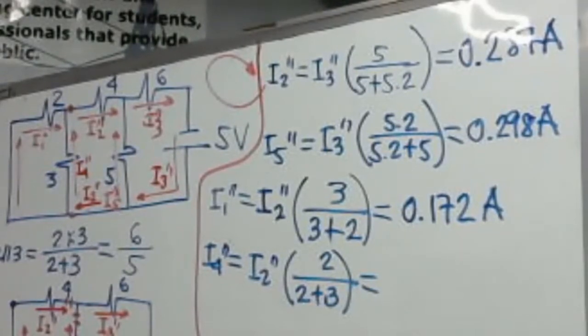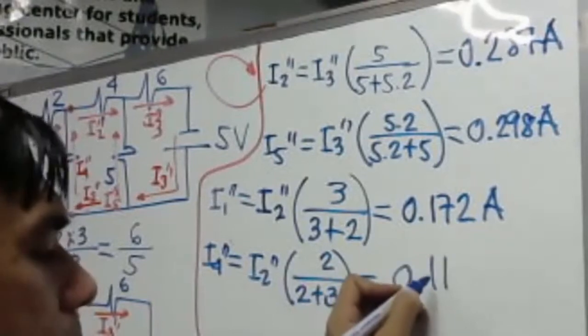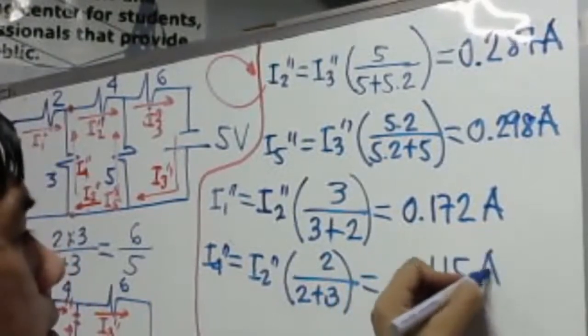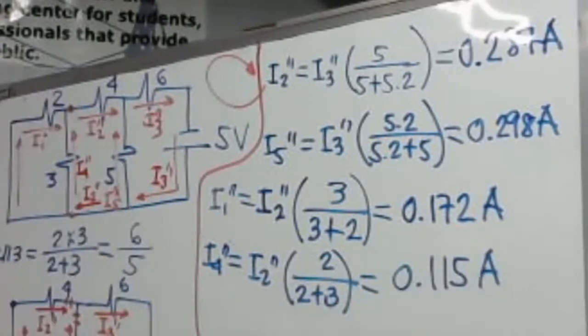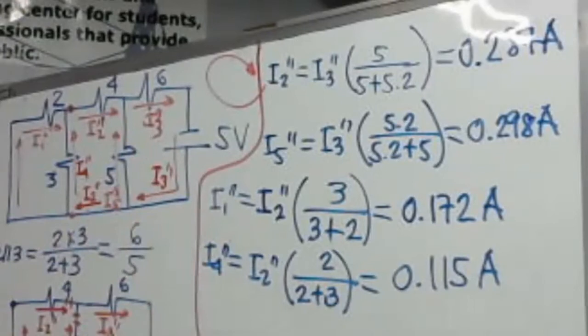Okay? So our answer here is 0.1115. So that is already complete. We have I1, I2, I3, I4, and I5 double primes.